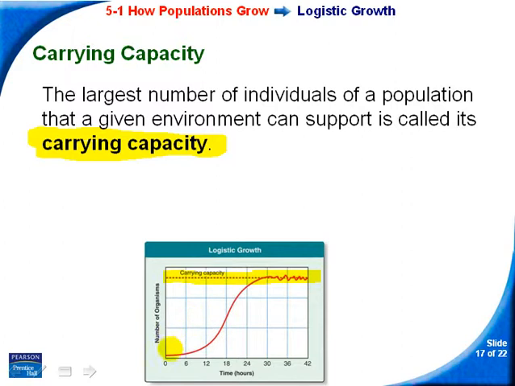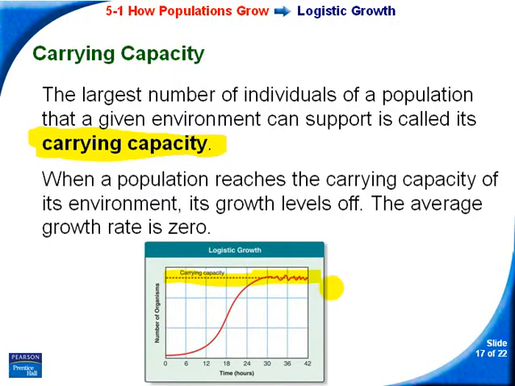The population will reproduce exponentially until it reaches the point where the environment can't support it anymore, and then we reach zero growth, and that's called the carrying capacity. So when we reach carrying capacity, growth levels off, and the average growth rate is 0. That means as many individuals die as are born.